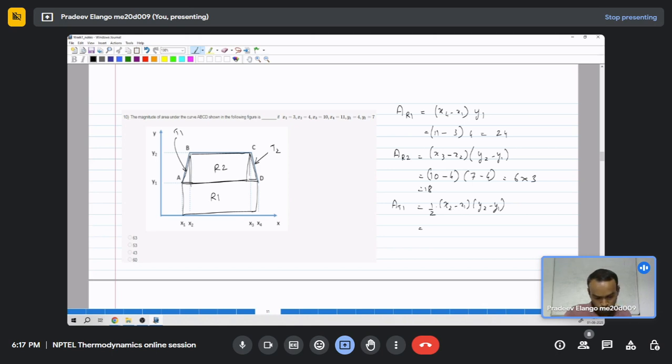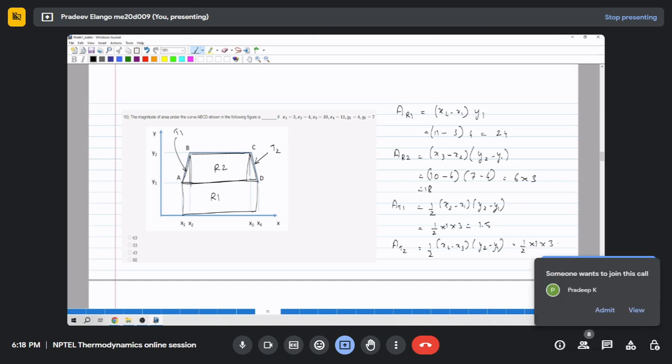So x2 minus x1 is 1 and y2 minus y1 is 3. So then you have half into 1 into 3, which is 1.5. The area of triangle T2 is half into x4 minus x3 into y2 minus y1, and this is again half into 1 into 3, and it is 1.5.